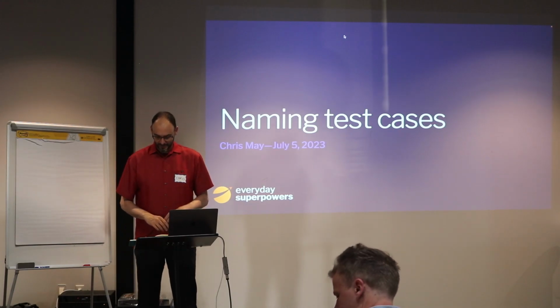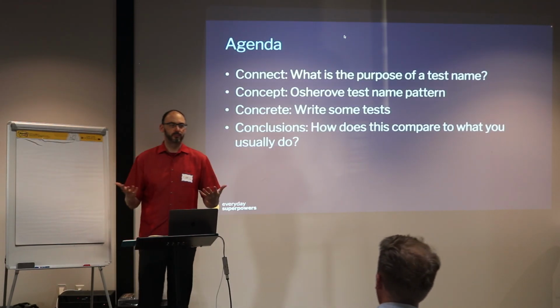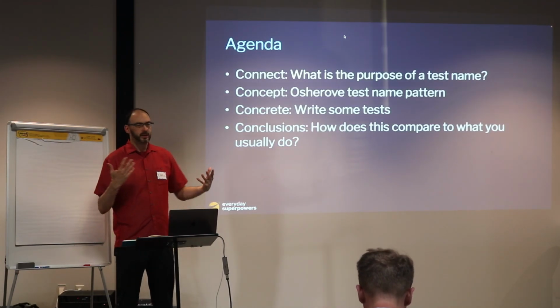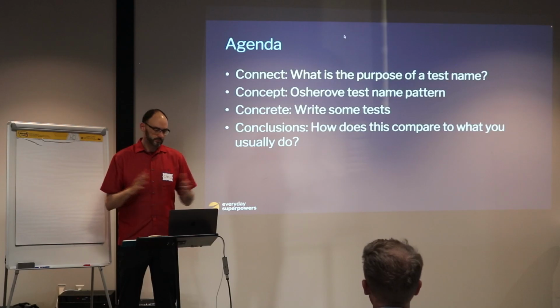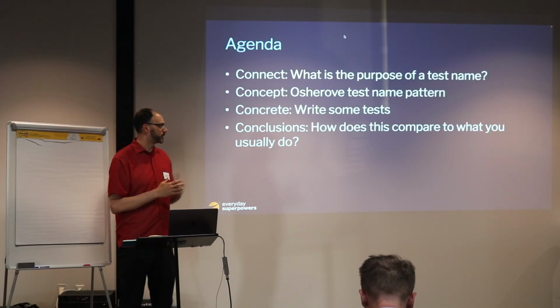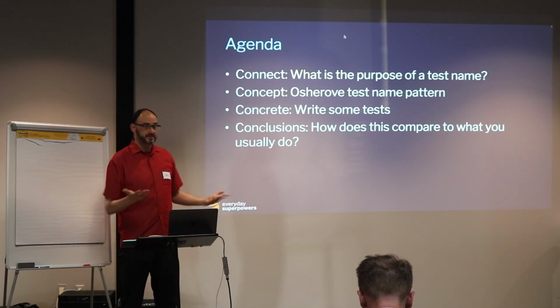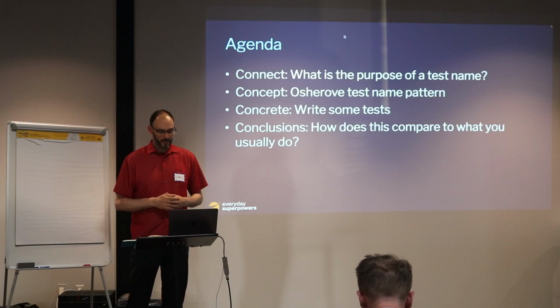Just a little overview of what we want to do. It's probably a little bit shorter meeting, at least as far as what we're covering. We're just going to talk about what the purpose of test names are.